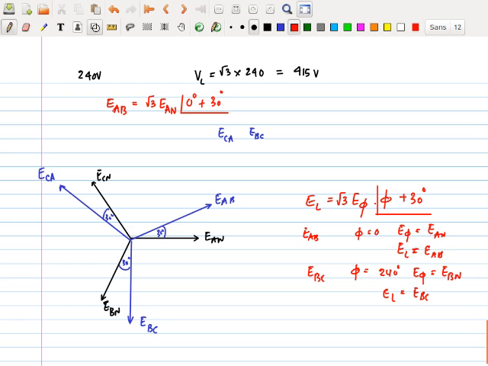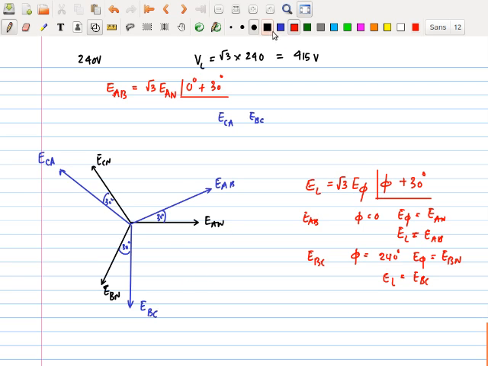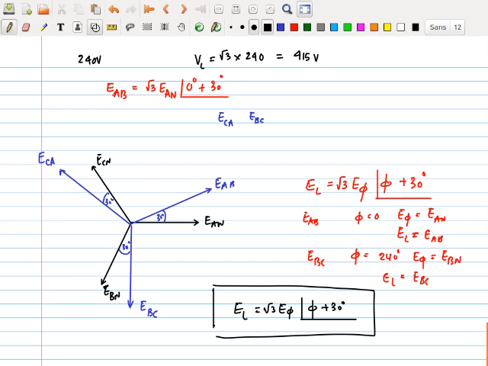So this equation that I'm going to write is applicable to anything as long as you substitute the right values for the phi and L. So this is a very, very important equation that you have learned. Root 3 times E phi, the angle of the phase plus 30 degrees. Very important equation that you have actually written.